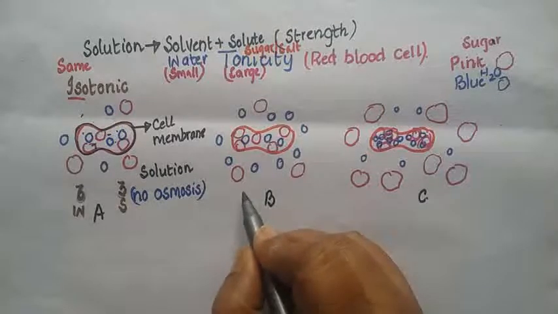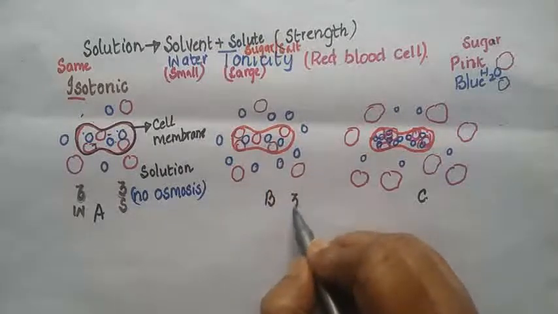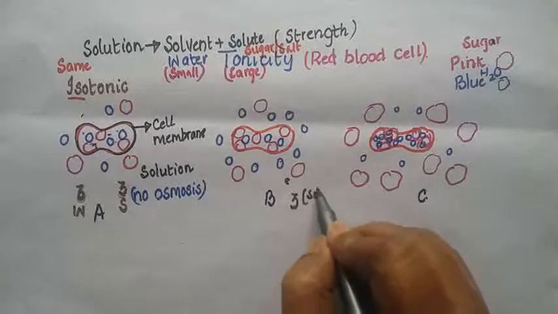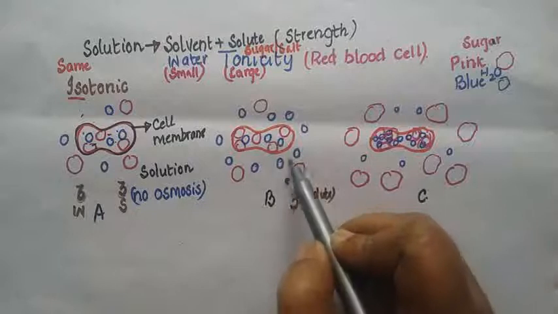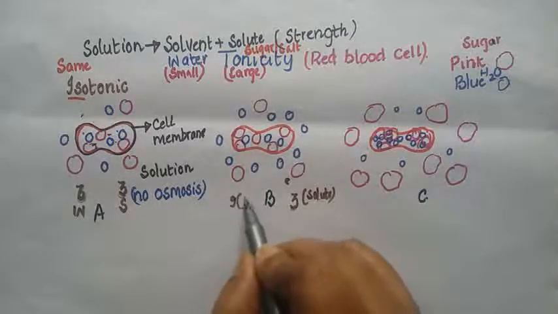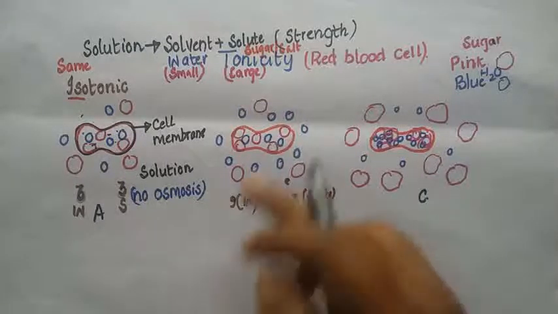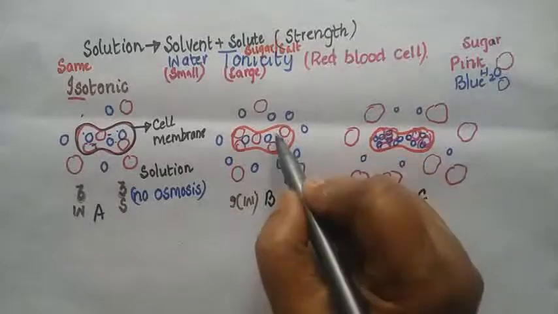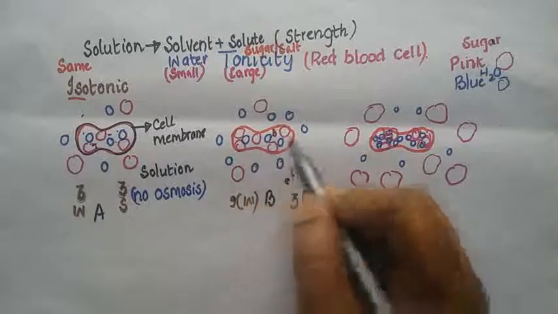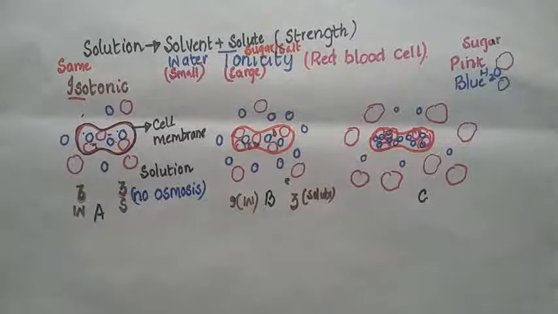You have 1, 2, 3, that is 3 molecules of solute. Okay, 3, 6 and 9, 9 molecules of water. Compare within: you have 3 molecules of water and 5 molecules of sugar.